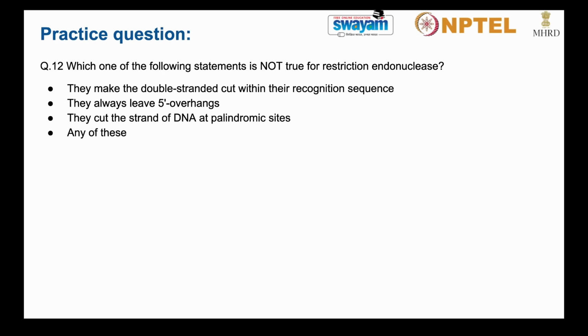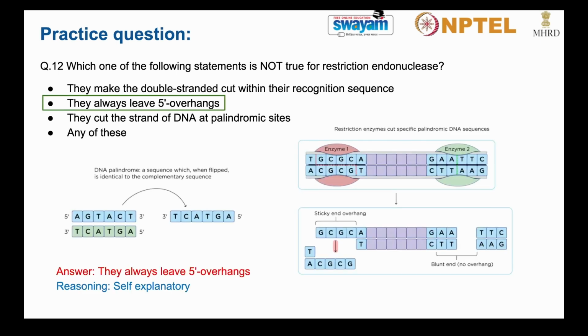One is 3' overhangs and another one is 5' overhangs, and depending on the terminal at which the overhang is present, we name it 5' or 3'. So it is not always the case that 5' overhangs will be generated. In this way, option B is not true for restriction endonucleases.